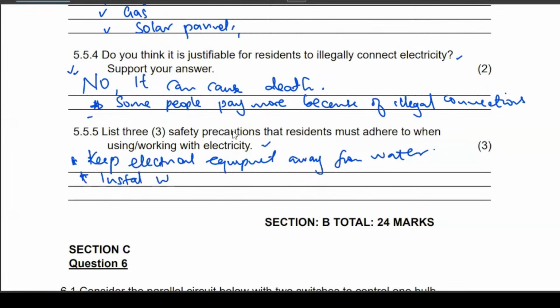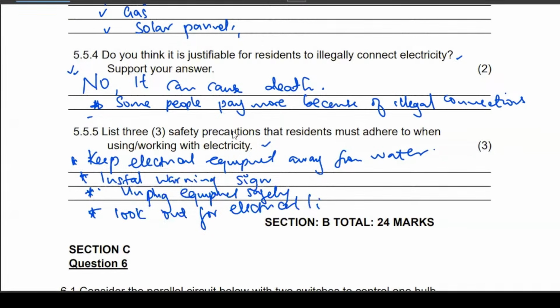We have people that are very stubborn, that even if they see that electricity is somewhere there, they will not care. So install warning signs. Now you also need to unplug the equipment safely. And then we could also look out for electrical lines, that is if you're now traveling or moving.